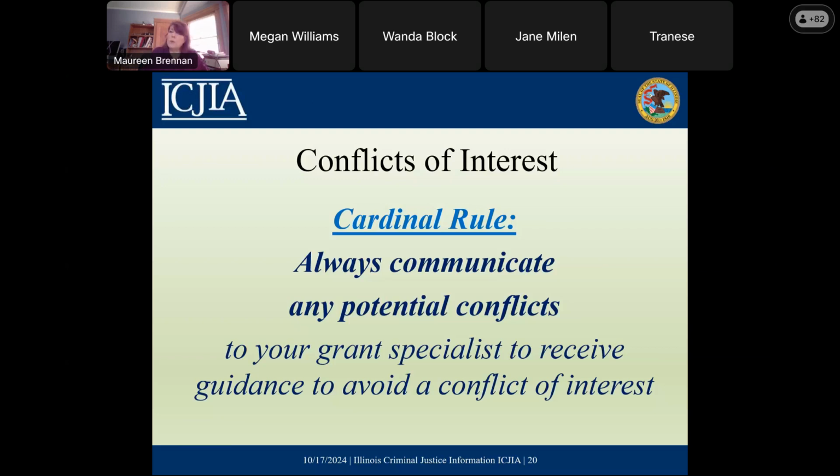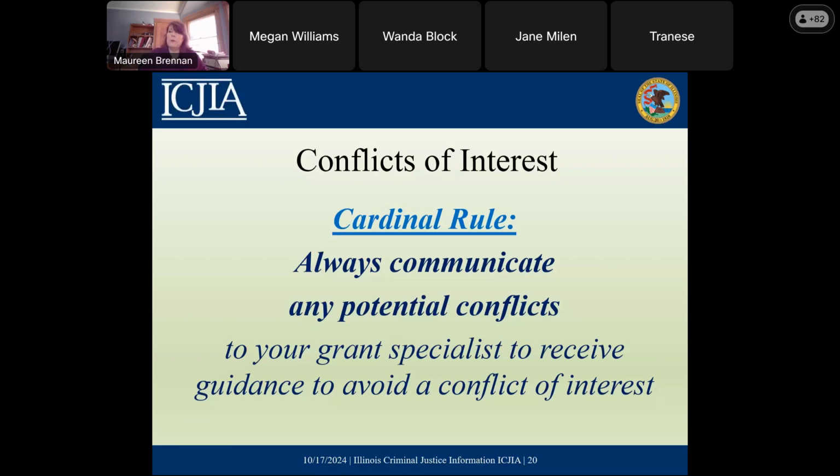The cardinal rule is always that you have to communicate any potential conflicts to your grant specialist. And then we'll talk with the attorneys and we'll figure out the best way to address that potential conflict. Sometimes, in the most extreme example, it may result in some costs being disallowed or not approving a contract or a subaward because of that conflict.